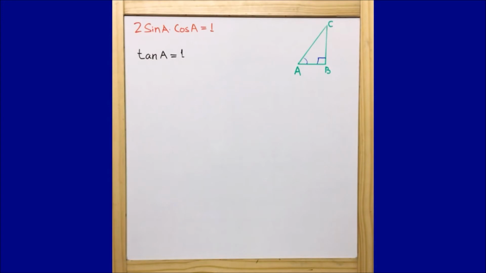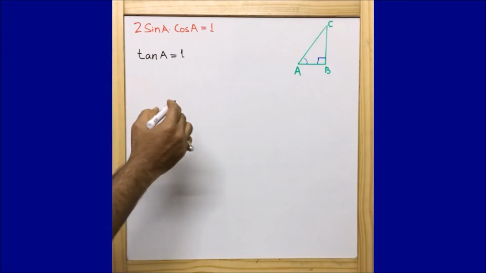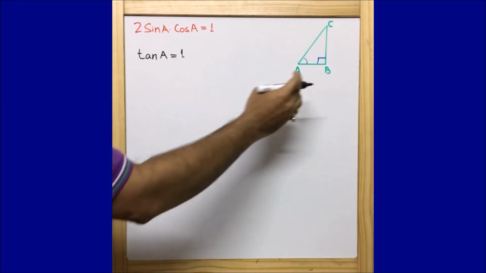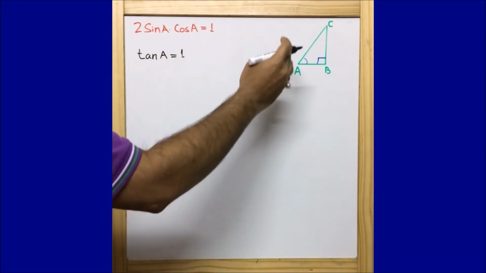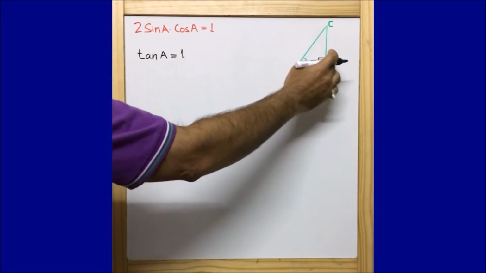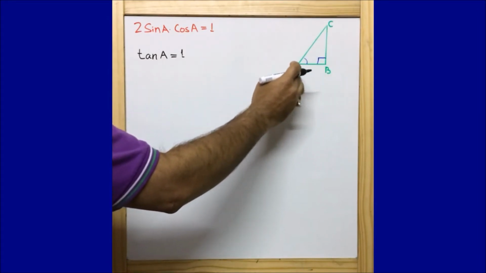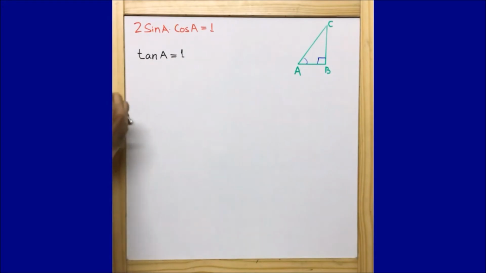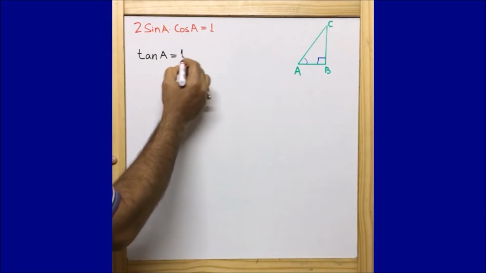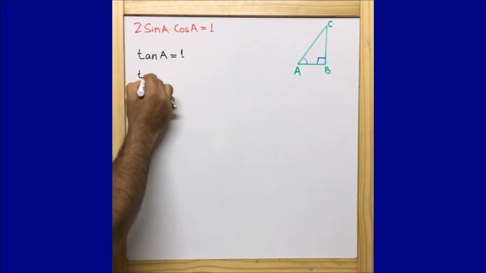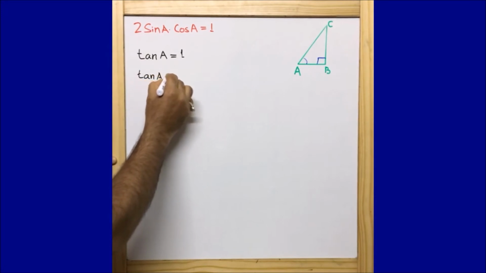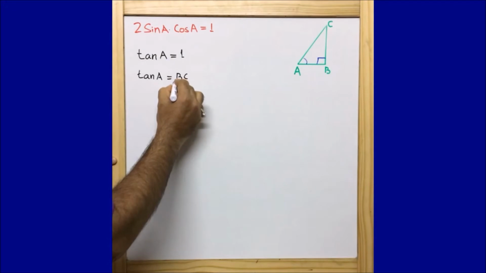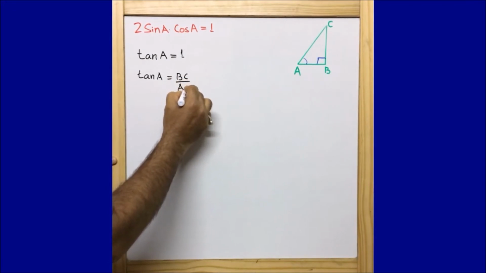So tan A is nothing but sin A by cos A, or in other words, the side opposite to the angle A, BC, upon the side adjacent to angle A, AB. That means tan A is equal to BC by AB.